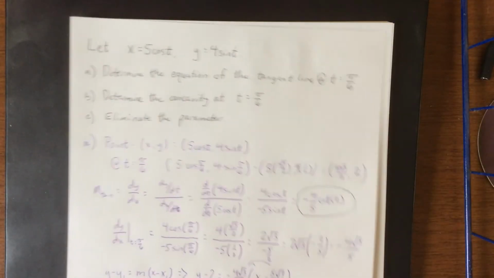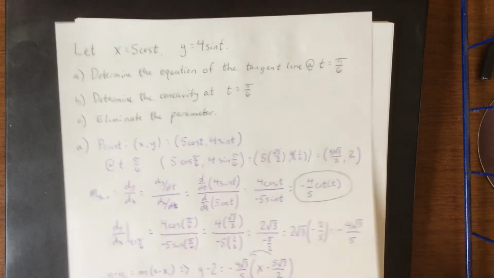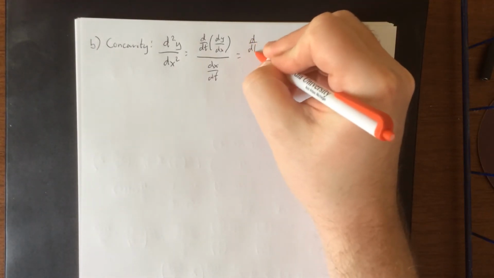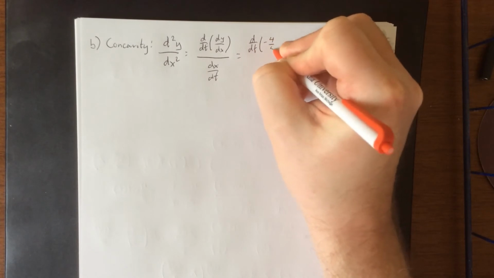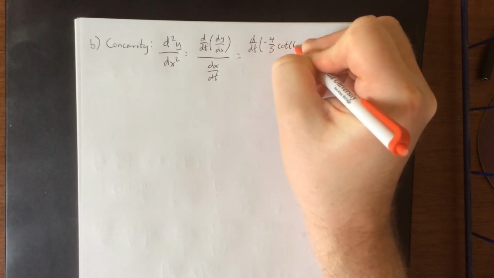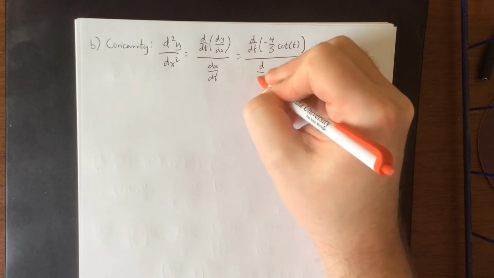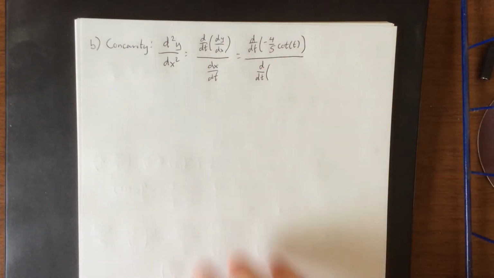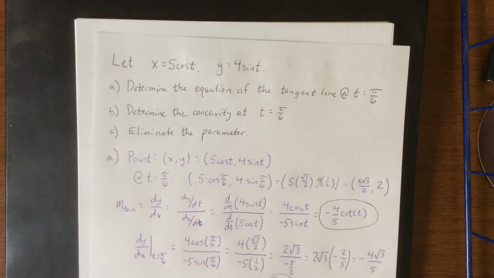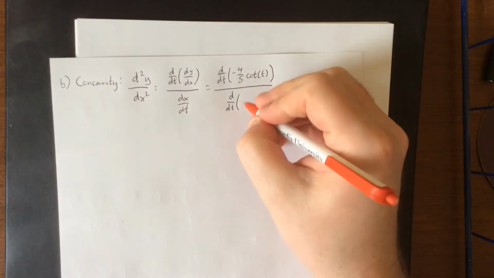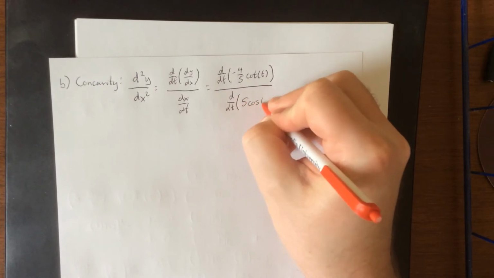The first derivative was negative 4/5 times the cotangent of t, and this is all over dx dt. And x, if I recall correctly, is 5 times the cosine of t. Yes, indeed. So 5 times the cosine of t.